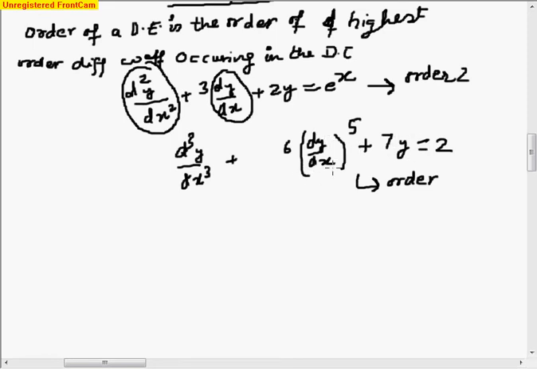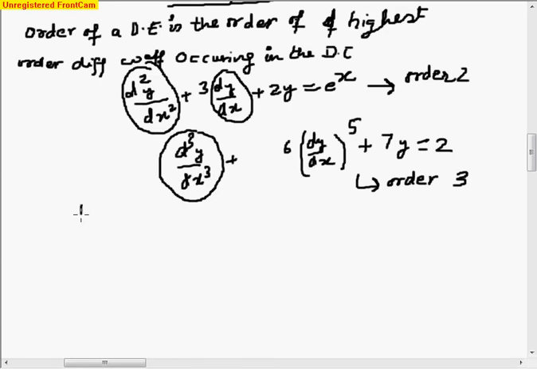This is the differential coefficient of order 1 and this is the differential coefficient of order 3, and this is the highest order differential coefficient occurring in this differential equation. So the order of the differential equation is 3. It is not 5. Okay, 5 has nothing to do with the order of this differential equation. So the order of this differential equation is 3.